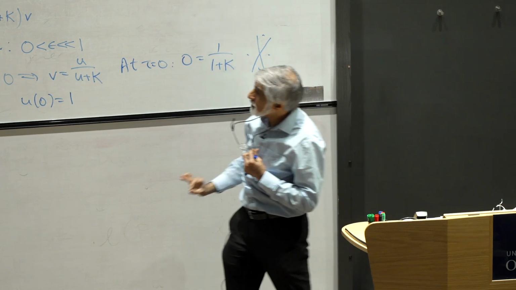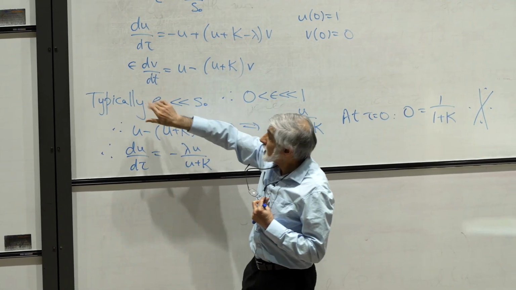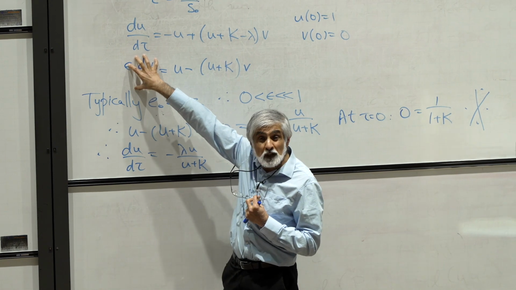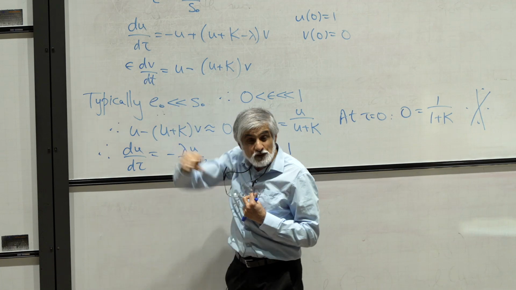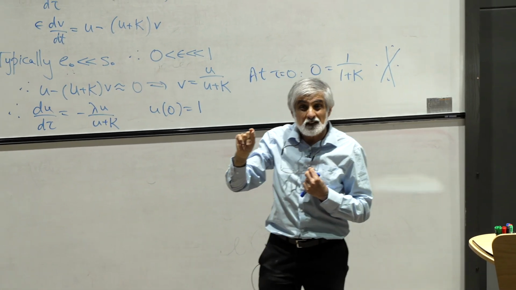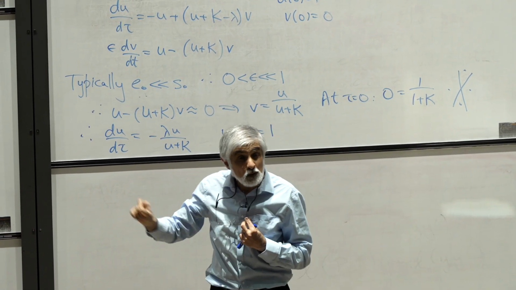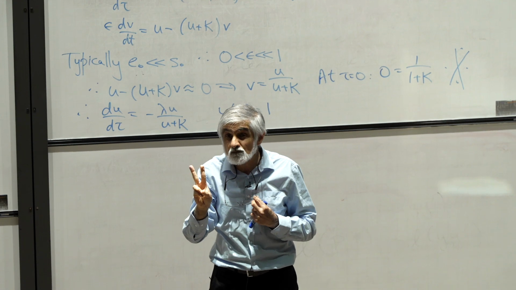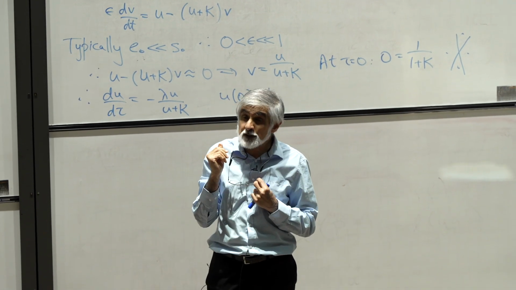And the way you can think about it is this is a second order system. By putting epsilon to be 0, we've reduced it to a first order system. So think of a quadratic, epsilon x squared plus ax plus b equals 0. We know that's got 2 roots. Epsilon is small, so get rid of the epsilon x squared.